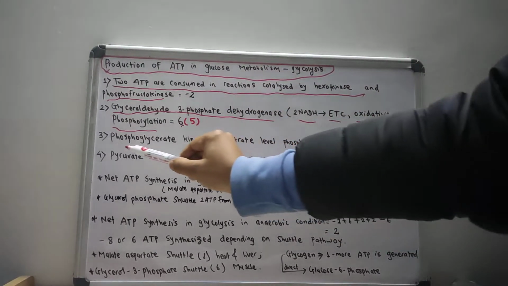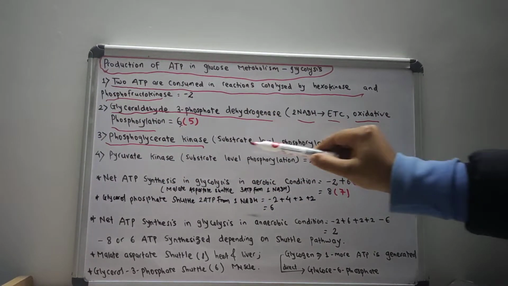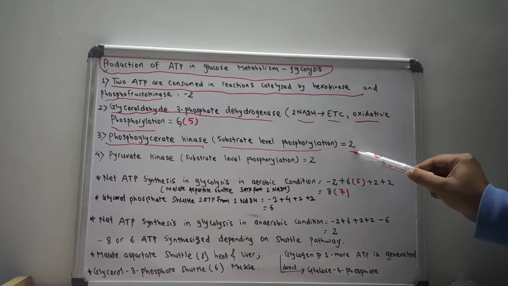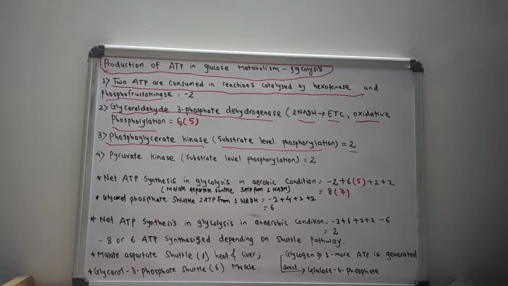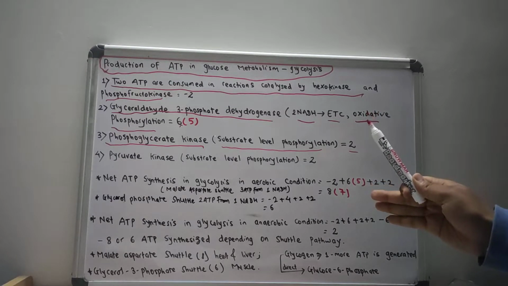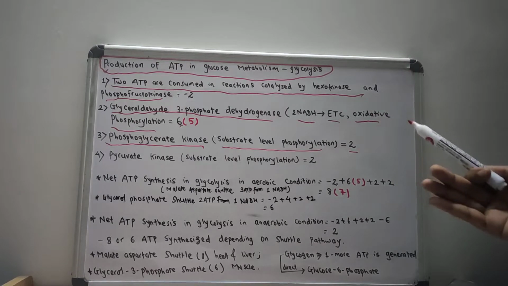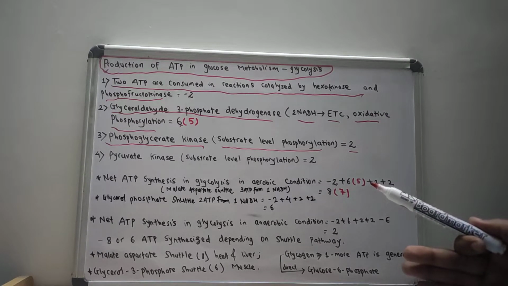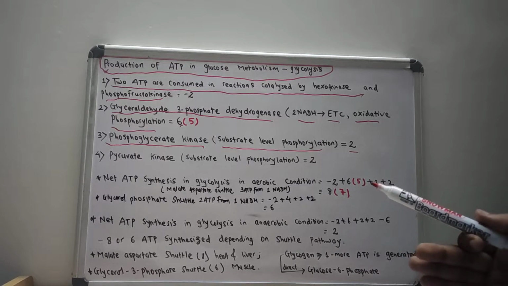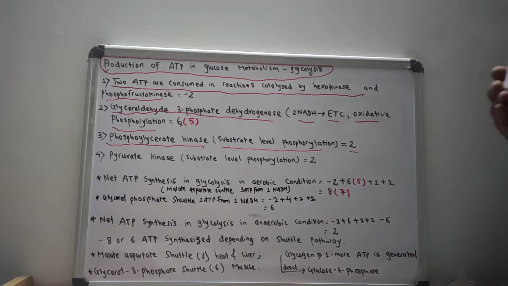Another reaction is the phosphoglycerate kinase reaction, that is substrate level phosphorylation. In this reaction, 2 ATP are produced. In this substrate level reaction, 1,3-bisphosphoglycerate is converted to 3-phosphoglycerate by phosphoglycerate kinase with the production of ATP.